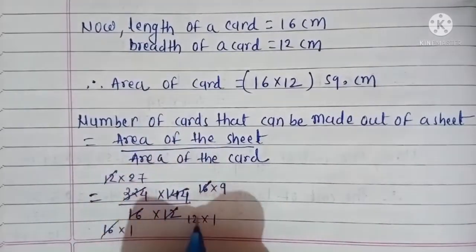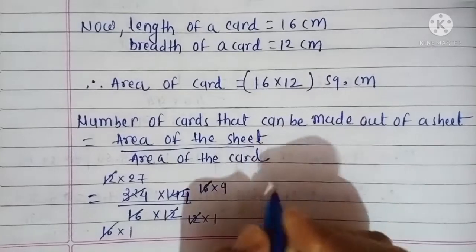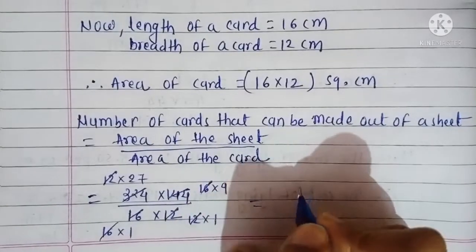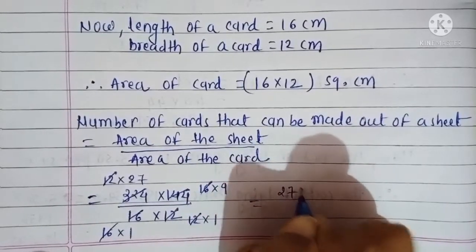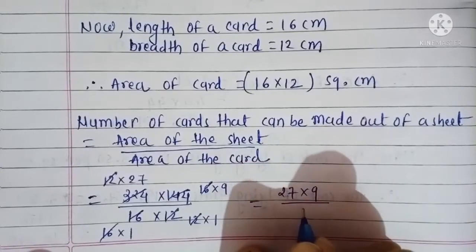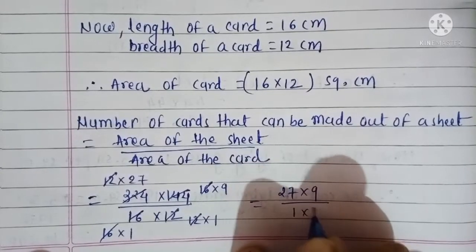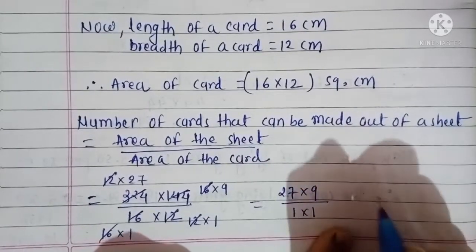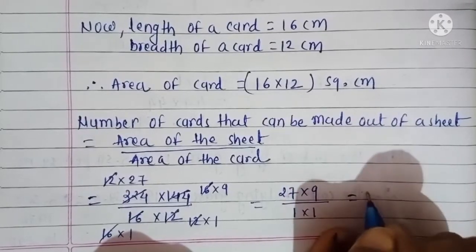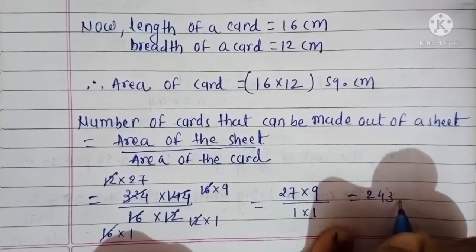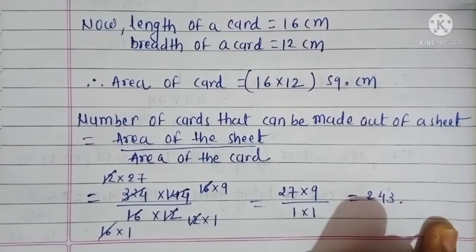So 12 cancel. On cancelling we get 27 multiplied by 9 upon 1 multiplied by 1, and this is equal to 243. Therefore 243 cards can be made out of a sheet.